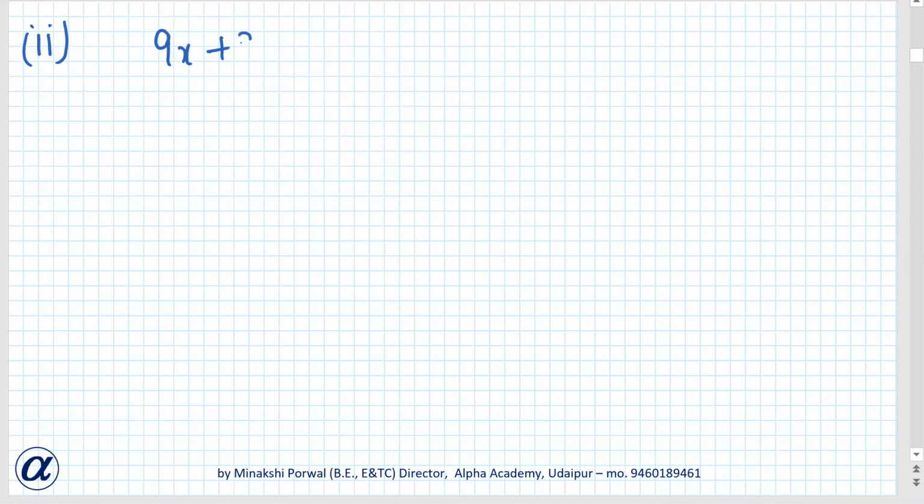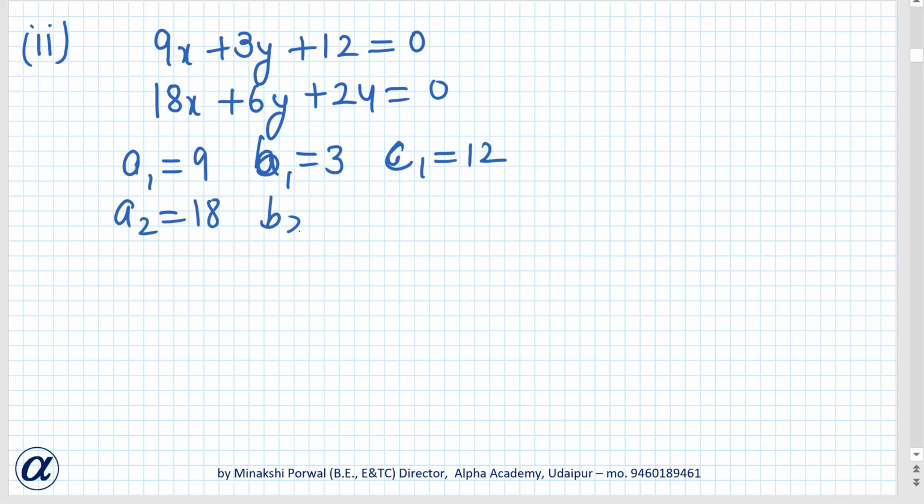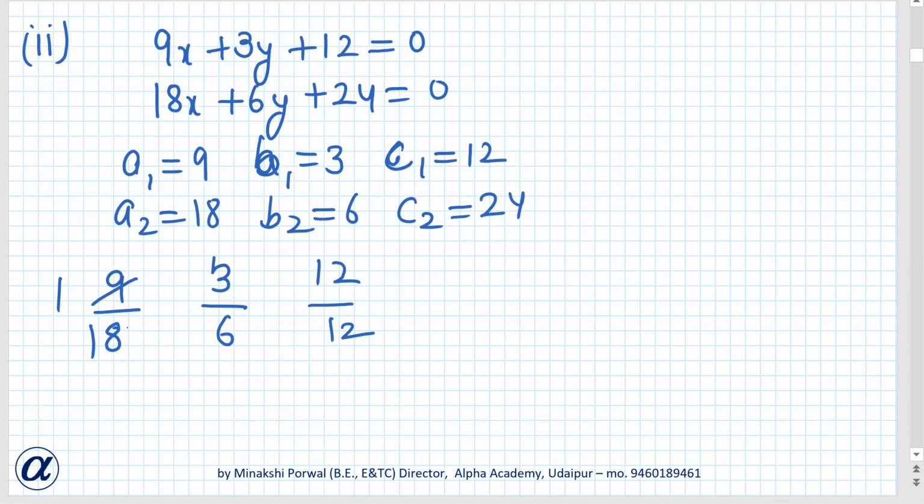Next, 9x plus 3y plus 12 equals 0, and 18x plus 6y plus 24 equals 0. So a1 equals 9, b1 equals 3 and c1 equals 12, a2 equals 18, b2 equals 6 and c2 equals 24. a1 by a2, b1 by b2 and c1 by c2 are each 1 by 2.